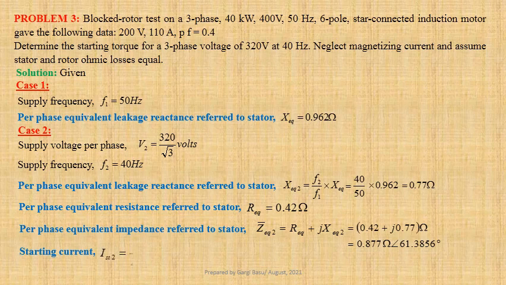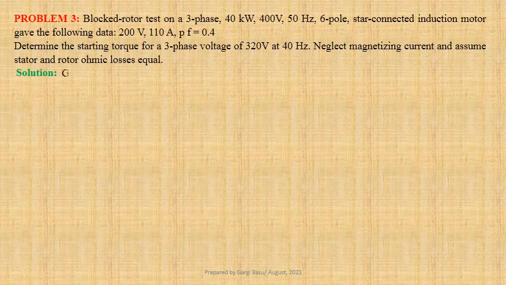Let us now calculate starting current. IST2 equals V2 divided by ZEQ2. Using values we get 320 by root 3 divided by 0.877. That gives us 210.66 ampere. Given number of poles of the motor P equals 6.